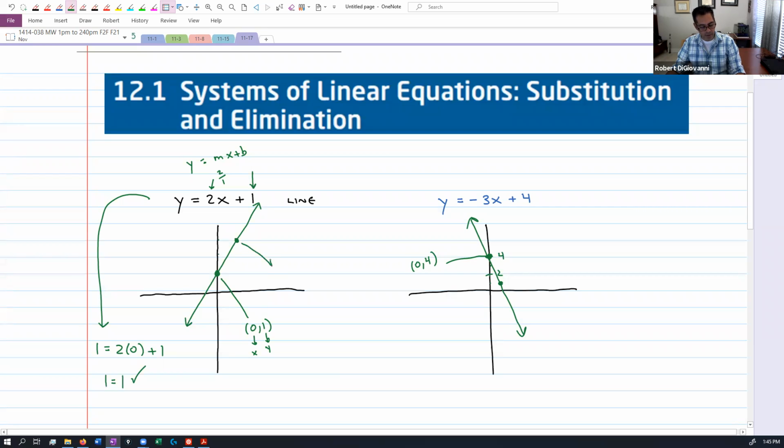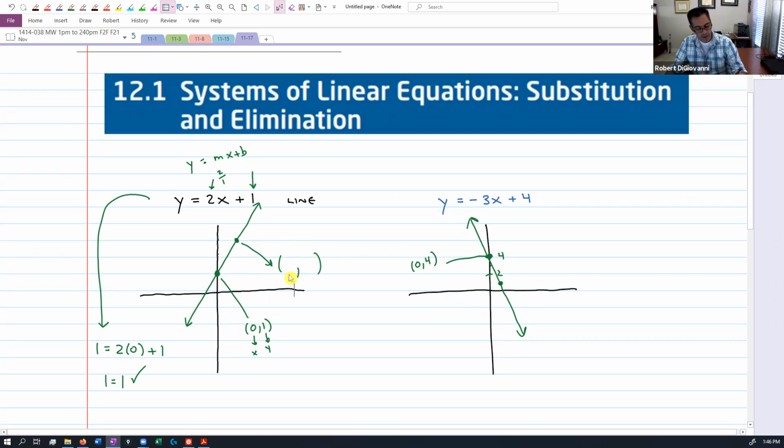What's this point up here? What are the coordinates of that point? Well, how did I get there? I went from here, I went up 2 and over 1. So what would the x coordinate be? If from this point I had to go up 2 and over 1, what is it? Sorry, I didn't hear you. 3, 1? 3, 1.